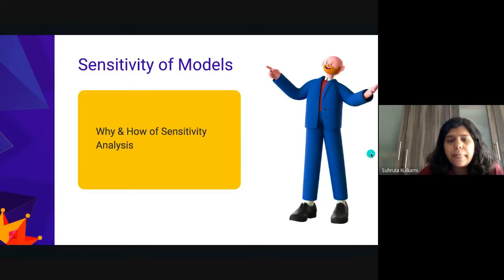Everything. Second could be on sensitivity of the models. Sometimes a financial model could become sensitive to one specific input parameter, and that is something you want to avoid when you're building out the model. So have you run different scenario analyses?